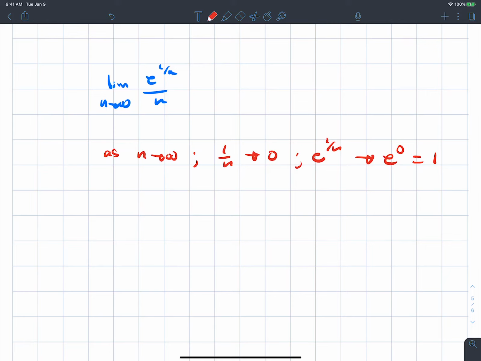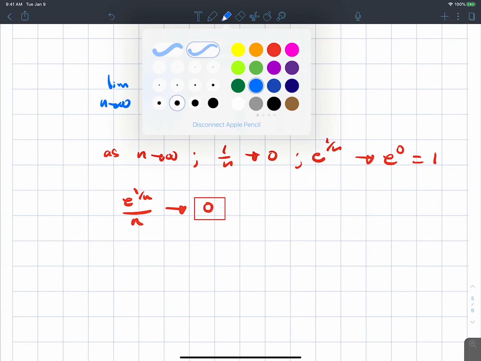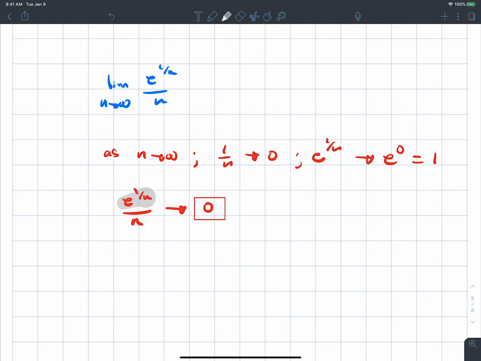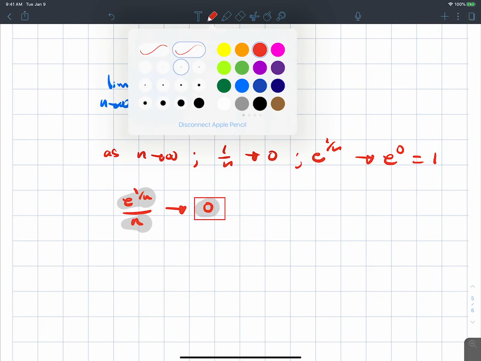So this means e to the 1 over n over n will go to 0, because the top portion here goes to 1 and this gets big arbitrarily. 1 over something very big goes to 0. So we show that this limit is 0.